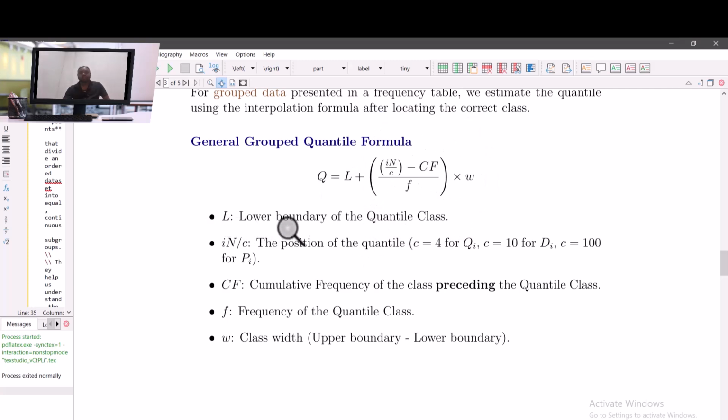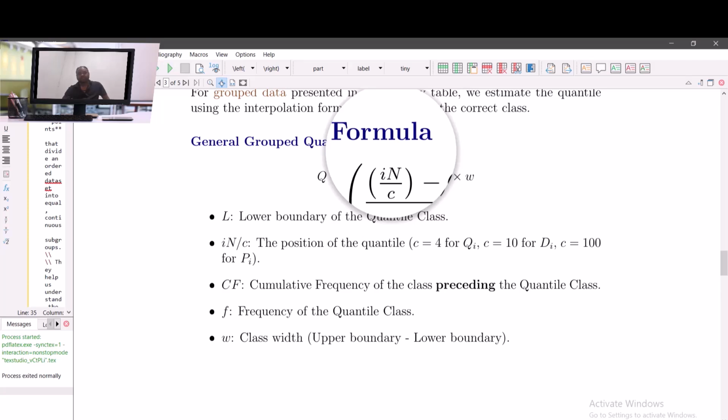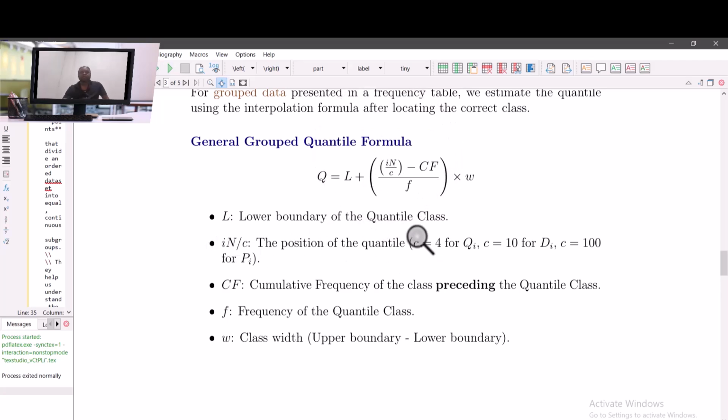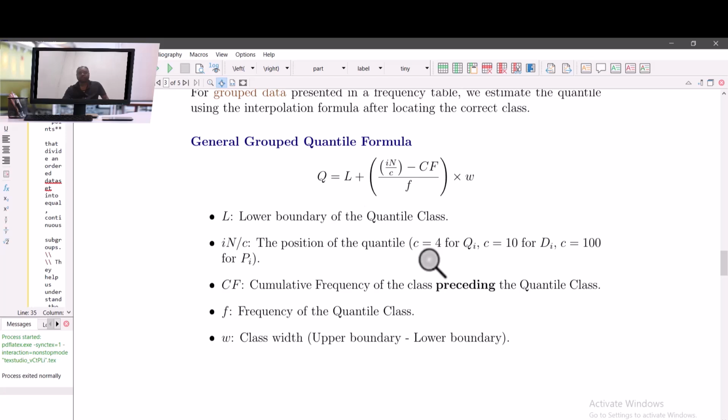L is the lower boundary of the quantile class. The quantile class is approximated by this ratio, i times N over C. The position of the quantile is approximated by i times N over C, where C is 4 for quartile, 10 for decile, and 100 for percentile.